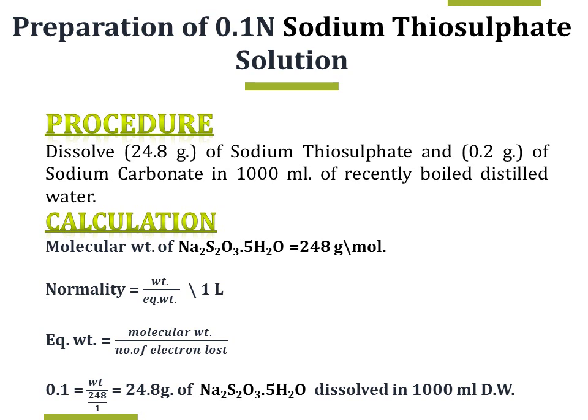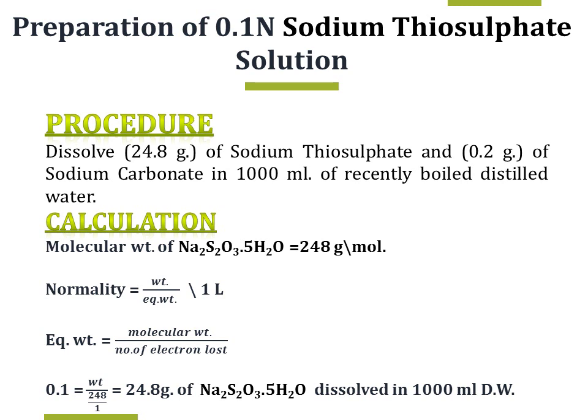CO2 will precipitate the sulfur from sodium thiosulfate, and we cannot get clear end point. So we boil the distilled water used in the preparation of a standard solution of sodium thiosulfate to get rid of CO2, to prevent the precipitation of sulfur, and to get clear end point.